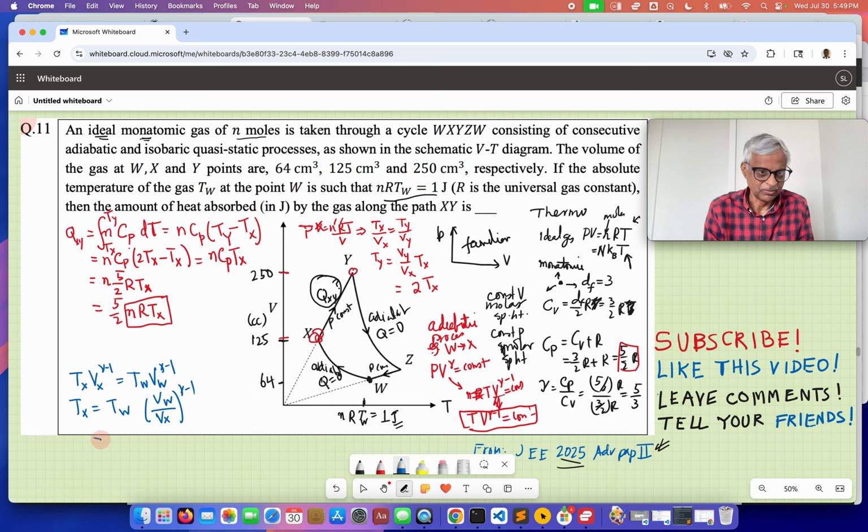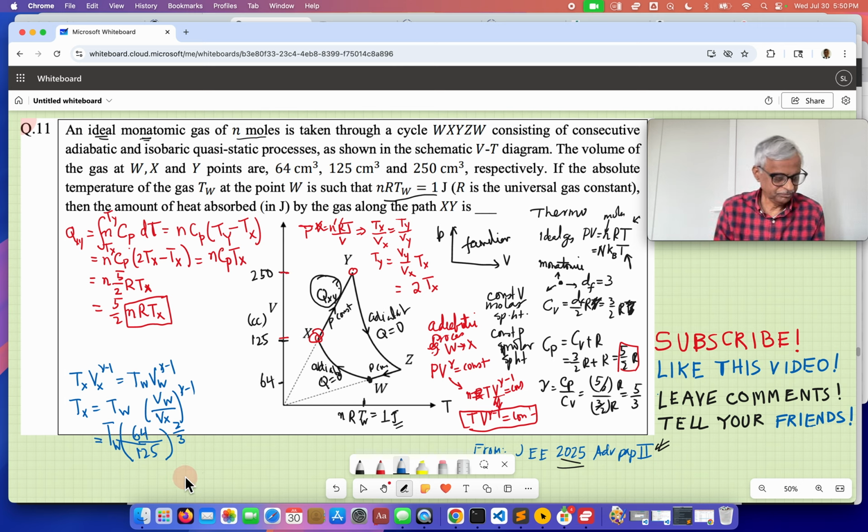So what do we get? We get Tw, Vw is 64, Vx is 125, and gamma is 5/3. So 5/3 minus 1 is 2/3.